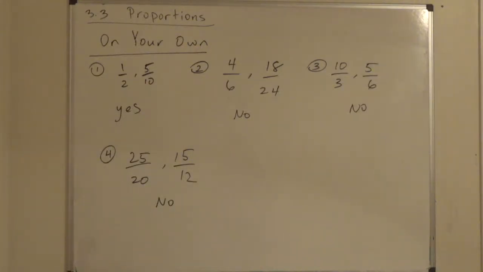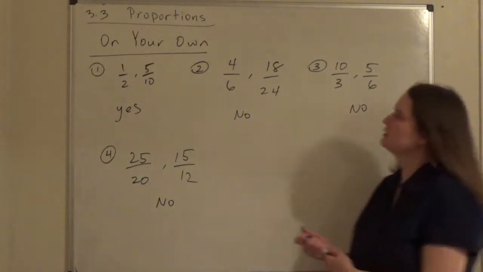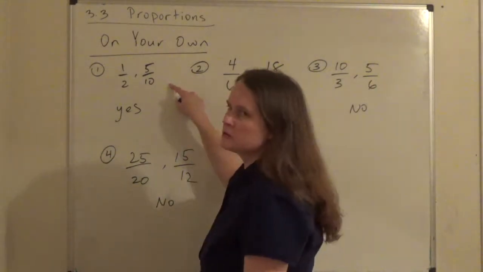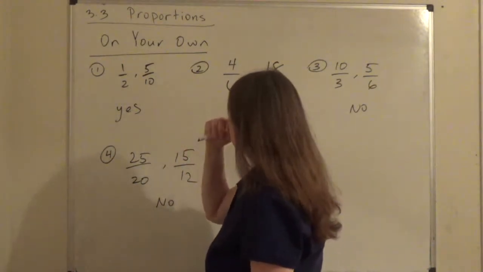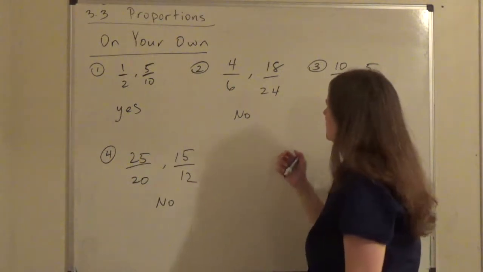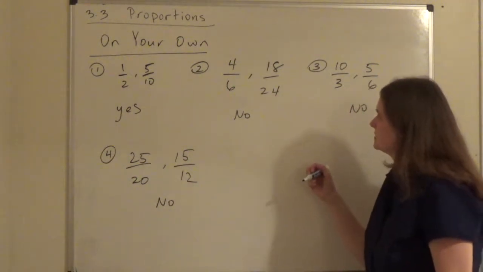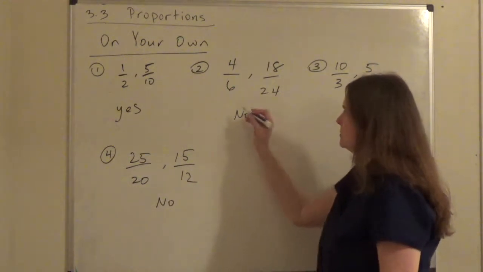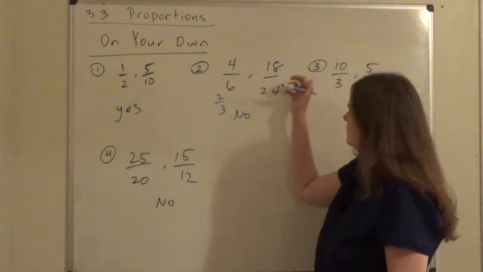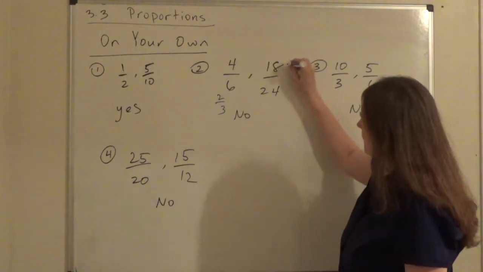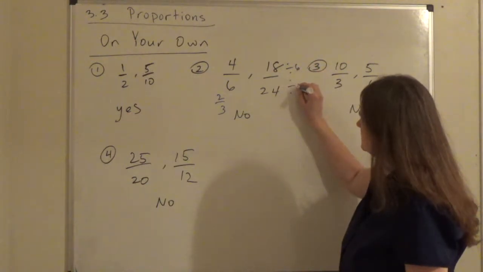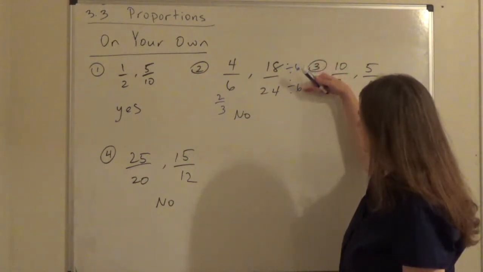Okay, these are the answers that you should have gotten for on your own 1 through 4. So in the first one, they're equivalent because the ratio 5 to 10 in simplest form is also 1 to 2. So these are going to be the same thing. Number 2, 4 to 6, you can put that in simplest form as 2 to 3. And 18 to 24, you can divide this by 6 and 6. That's going to be 3 to 4.